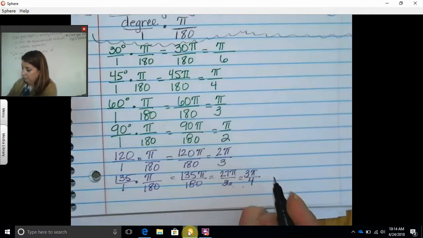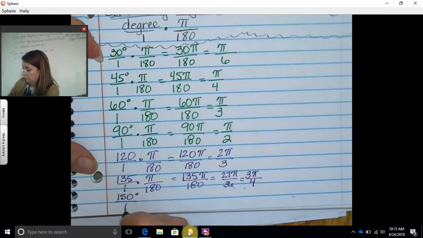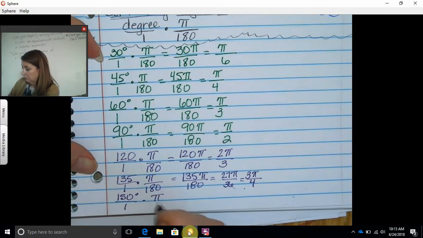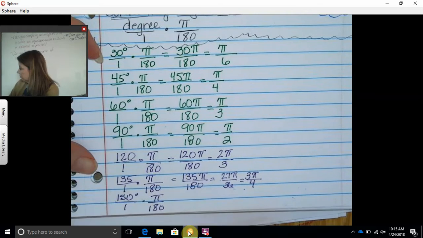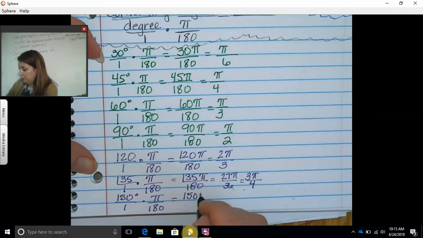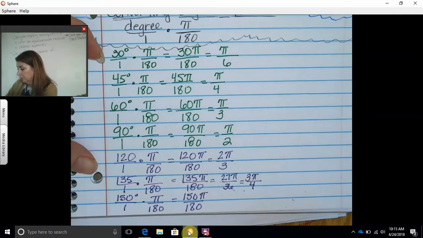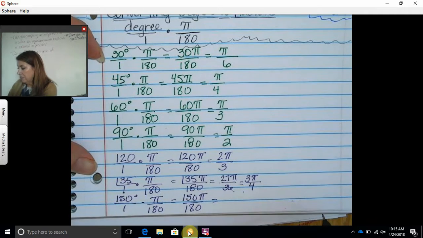150 degrees. So that's 150 pi over 180. And if I know they both have a 0, I can reduce by 10.